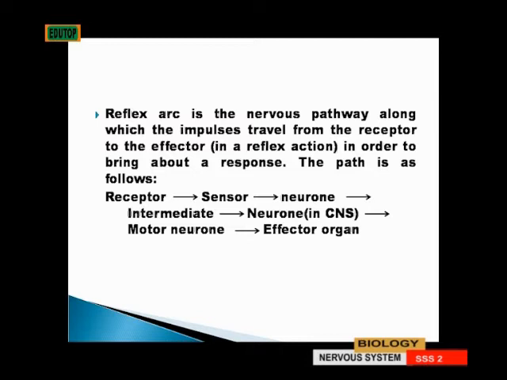From the receptor, it goes to the sensory neuron, then to the intermediate neuron, then the neuron in the central nervous system, then the motor neuron, then the effector organ. So this is a reflex arc: receptor, sensory neuron, intermediate neuron, neuron in the central nervous system, motor neuron, then the effector organ.